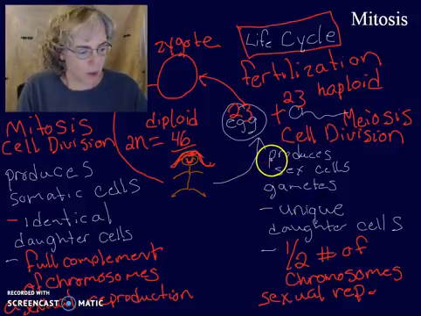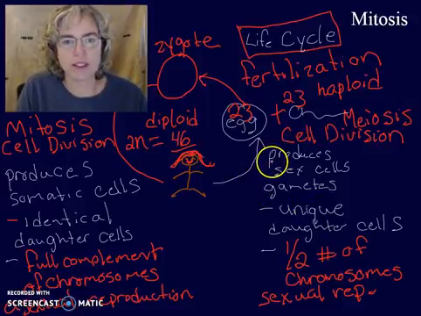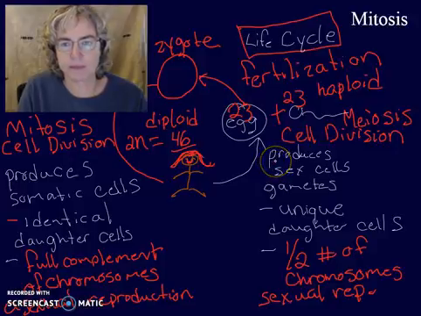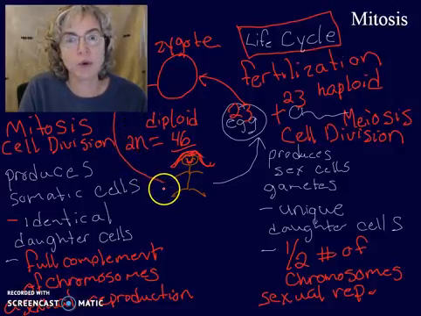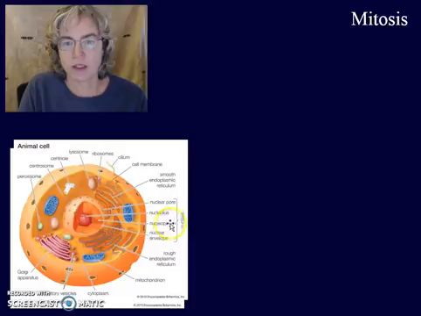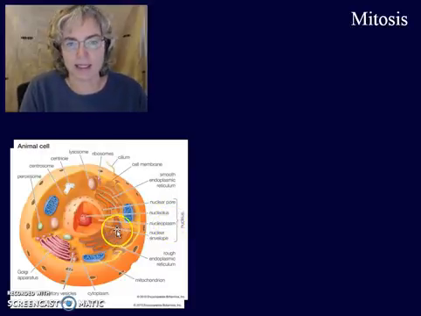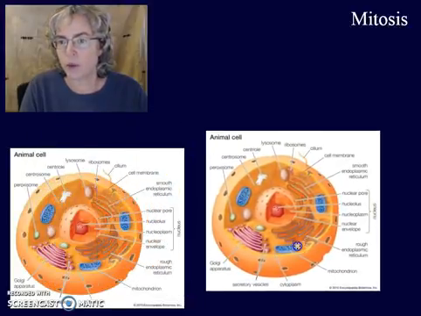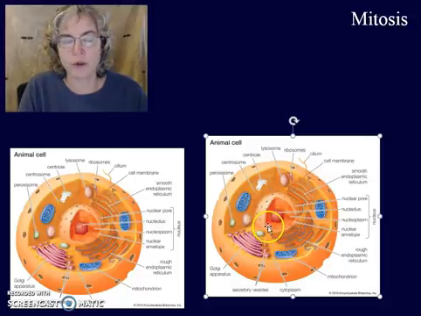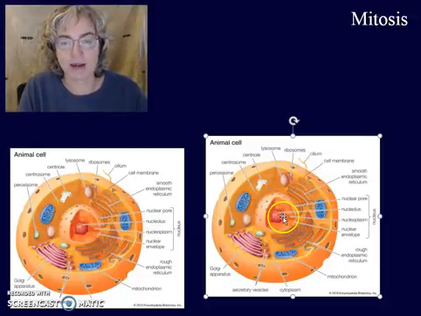Okay, so let's see. Why do we want to do this? Well, we've already talked about one. Mitosis is to grow. So let's take a look at this. For cell division with mitosis, you want to produce daughter cells that are exactly alike.